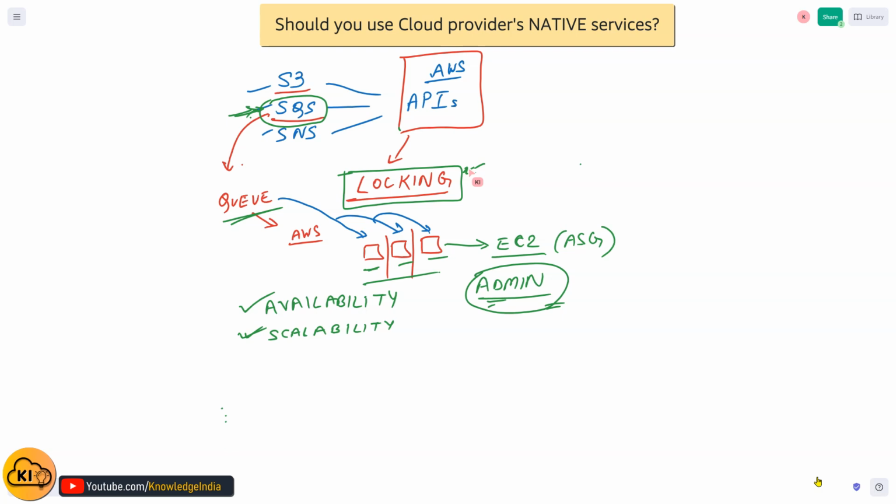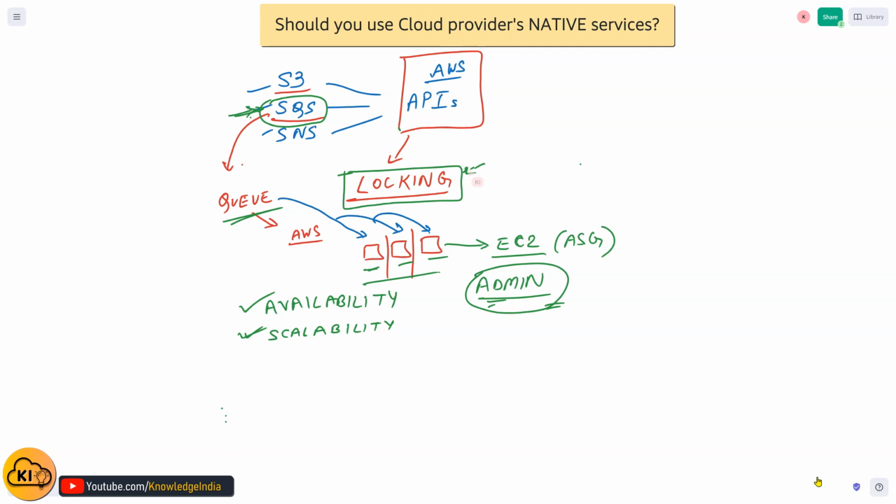Now as you modularize the code in your application, you can try and structure your code better, but I'm not saying that you will not have to change your code. But the point is that just because of this approximation that sometime in the future you might move away from one cloud provider to another, just because of that chance, should you actually stay away from using all the cloud provided services?